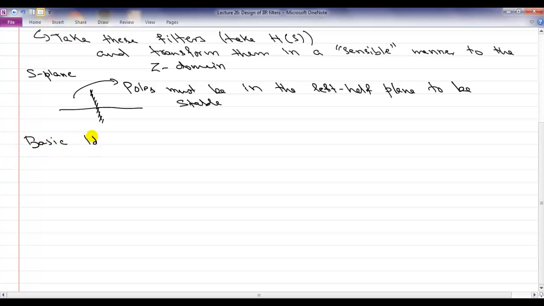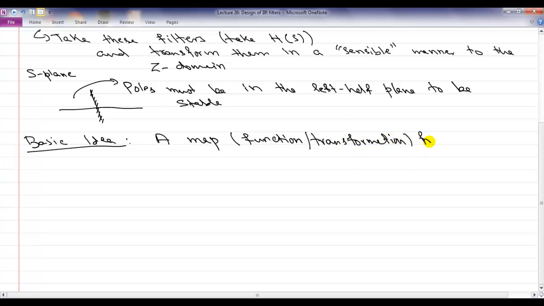So the basic idea is a map or a function or transformation from S plane to Z plane such that two conditions hold. So the first is you want the frequencies in the analog domain to be mapped to the frequencies in the discrete domain.